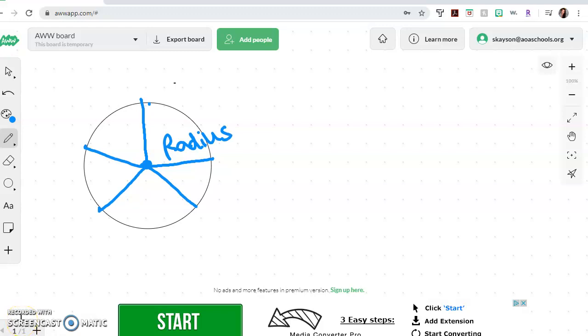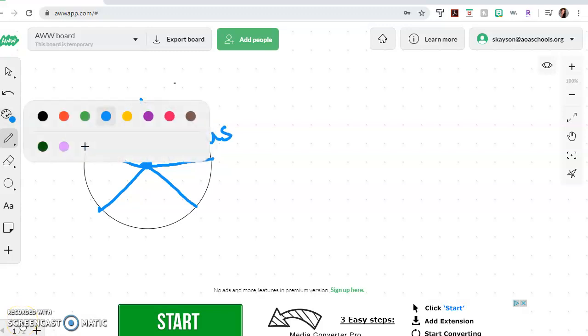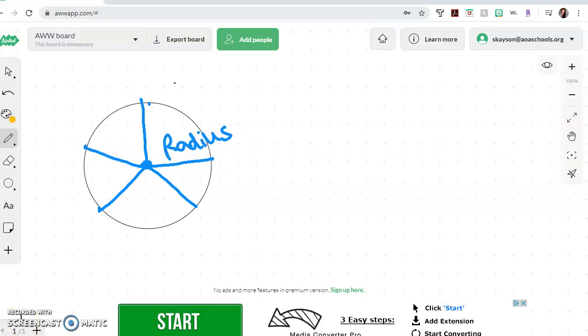The other type of line that we draw is called a diameter. A diameter goes from one edge of the circle through the center all the way to the other edge. If you notice, it's two of these radius lines put together. Here's one and two. That's called the diameter.